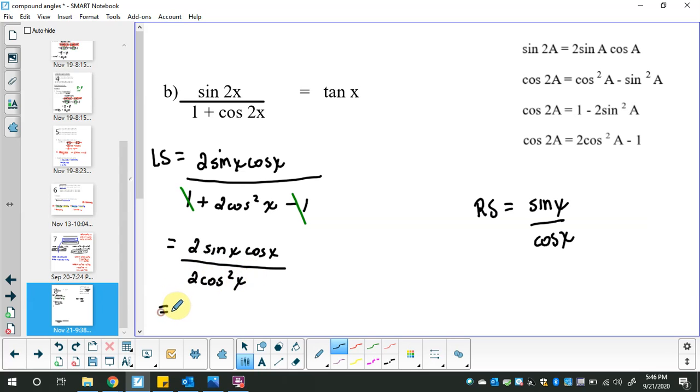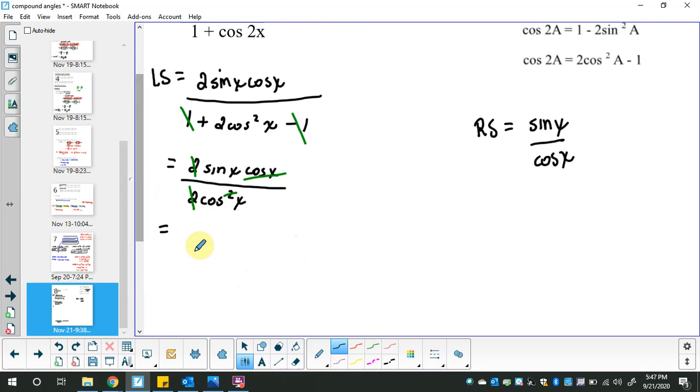And do you see how that leads us in the right direction? And it's all multiplying and dividing now. There's no adding and subtracting. So I can do 2 divided by 2 is 1, and I'm going to make that invisible. And this cos x I can cancel with one of the two cos x's here. So what ends up happening is that I end up with sine x in the numerator and cos x in the denominator, and ta-da, they match, because they always match in this class.